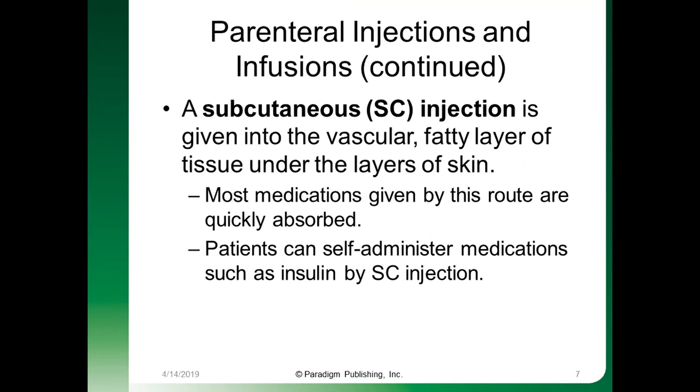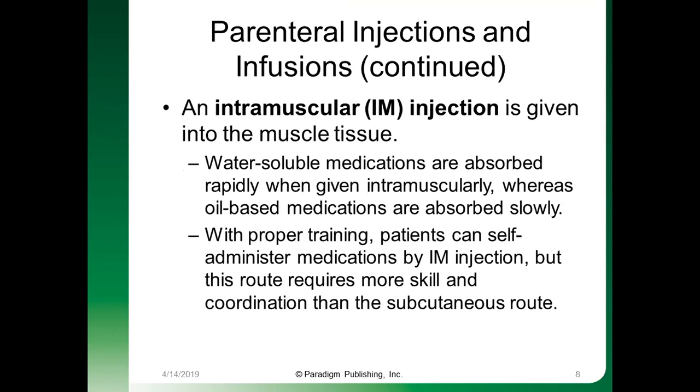A subcutaneous injection is given into a vascular, fatty layer of tissue under the layer of skin. Most medications given by this route are quickly absorbed. Patients can self-administer medications such as insulin by subcutaneous injection. Intramuscular, or IM, injection is given into the muscle tissue.